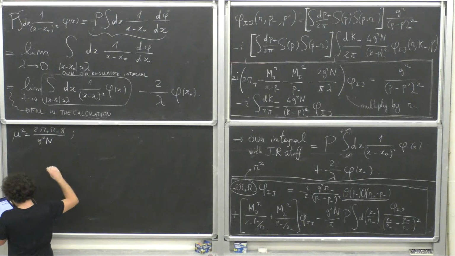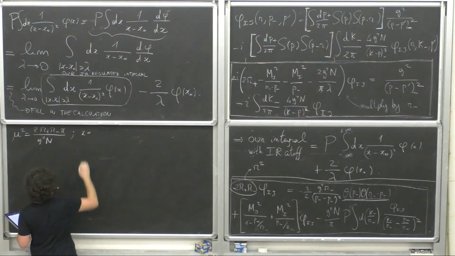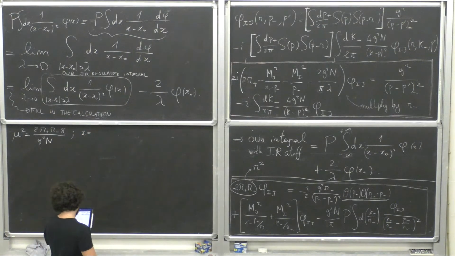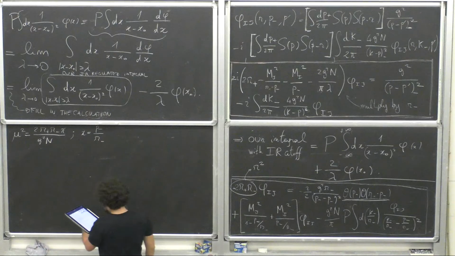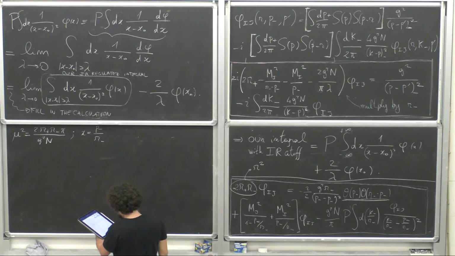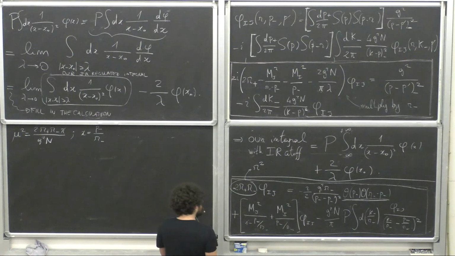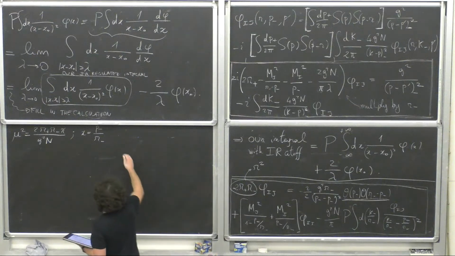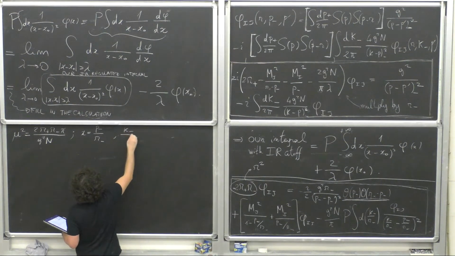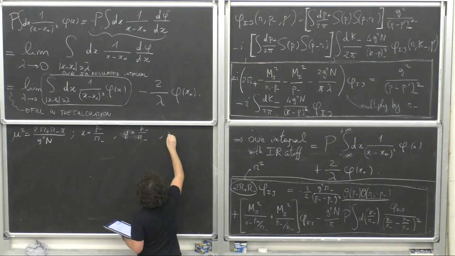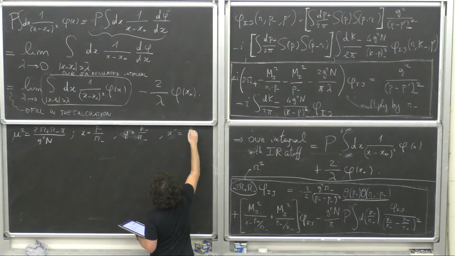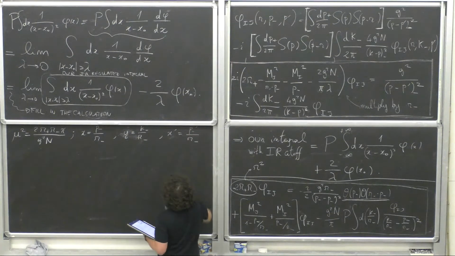And then let's call the fractions of p minus momentum carried by the two quarks: one we call x, and the k minus over r minus, I call it y. And finally, there is an x prime, which is the final fraction.